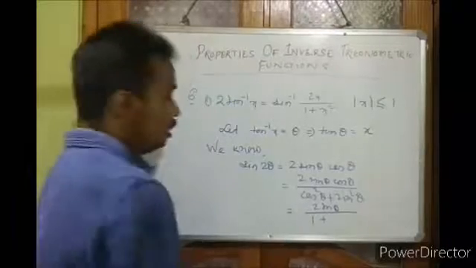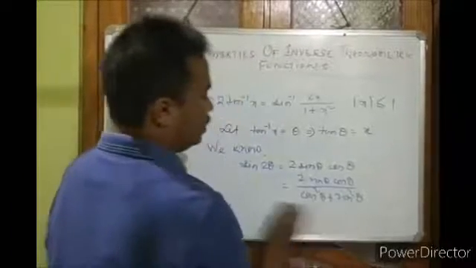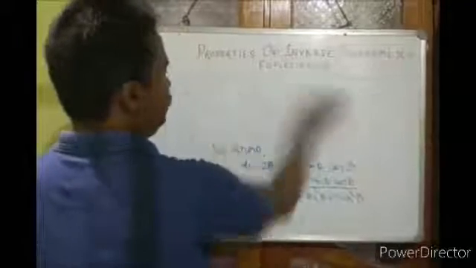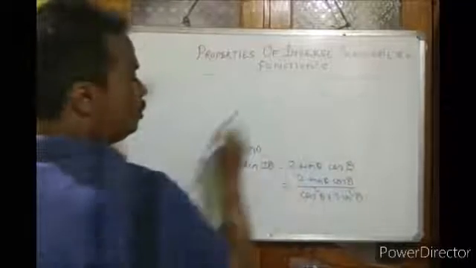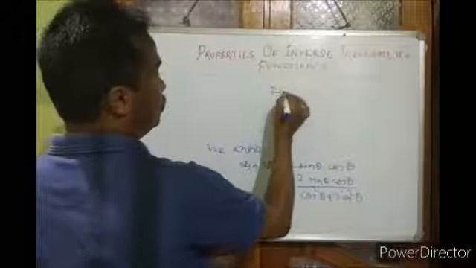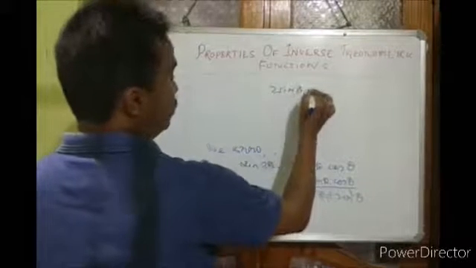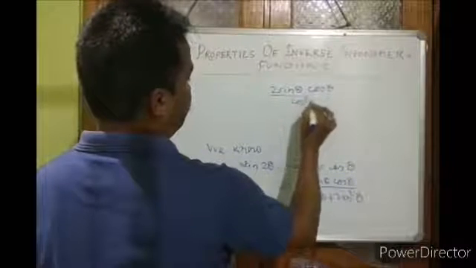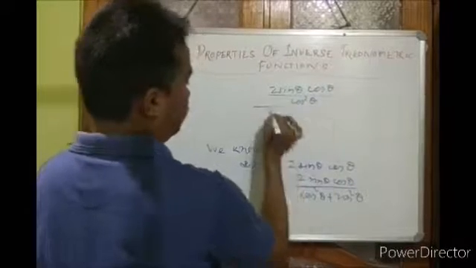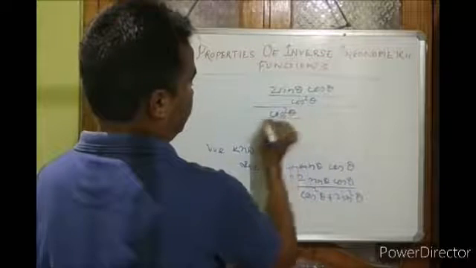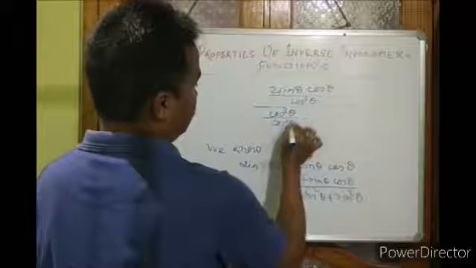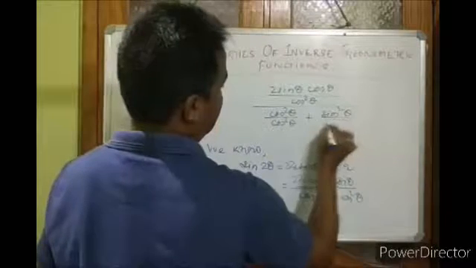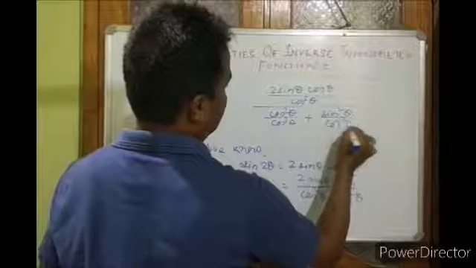I hope you understood. Okay, let me write it down here itself. Let me elaborate it here. So 2 sin theta cos theta divided by cos square theta, and here cos square theta divided by cos square theta plus sin square theta divided by cos square theta.